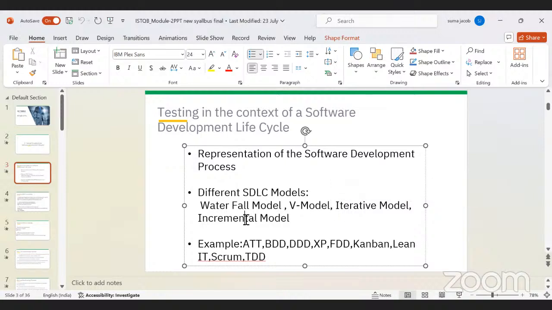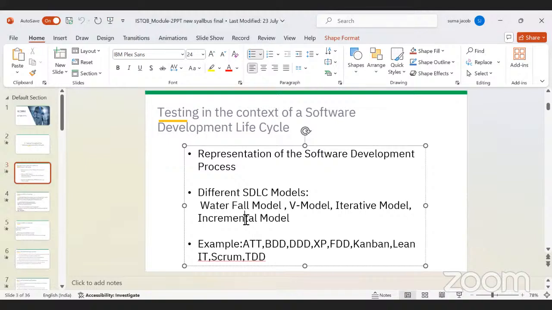And the final one is the incremental development model. So what is the incremental development model? One example is the Rational Unified Process. The difference here is that the increments would be relatively longer. And when we say longer increments, that means the features will also be complex and large enough for that time.